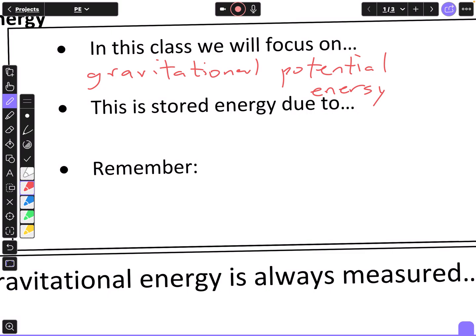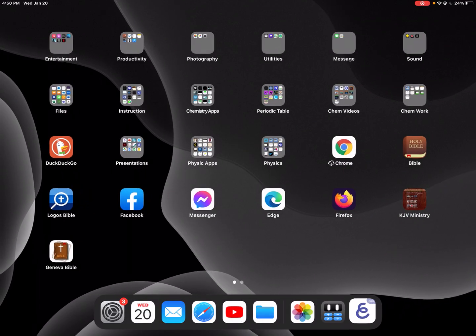This is stored energy due to an object's position or its height.